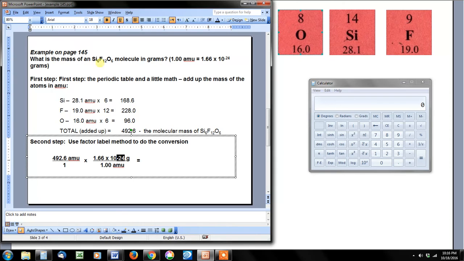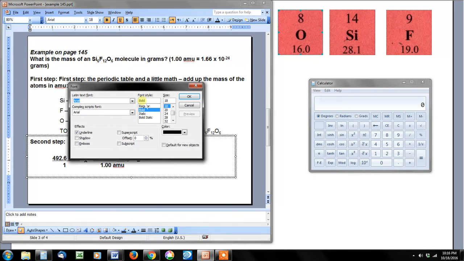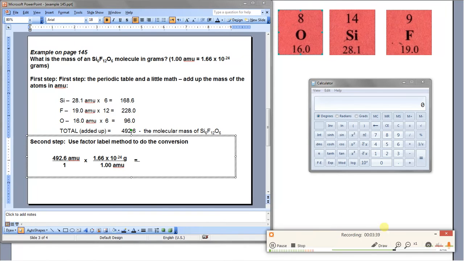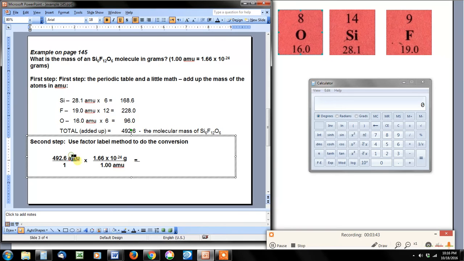This actually should be format font to the superscript. There you go. Once again, we can turn this upside down either way, but because we want to get rid of AMU, we're going to put AMU down the bottom. So then we can take our marker here and cross out our AMUs.